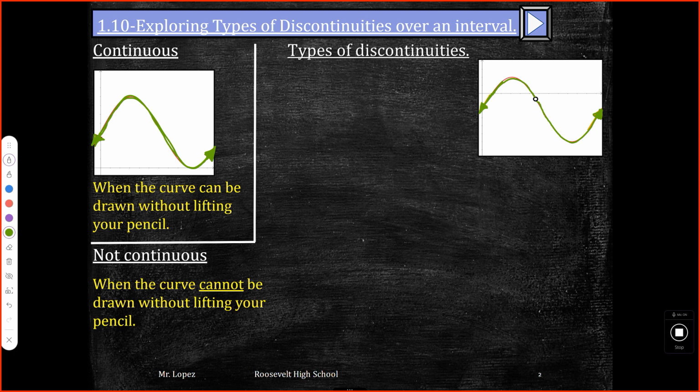This discontinuity is fixable in order to be defined on the reals. You can just go ahead and define it at that point, and that makes it continuous forever on all reals. So this one is fixable, but it is a discontinuity.